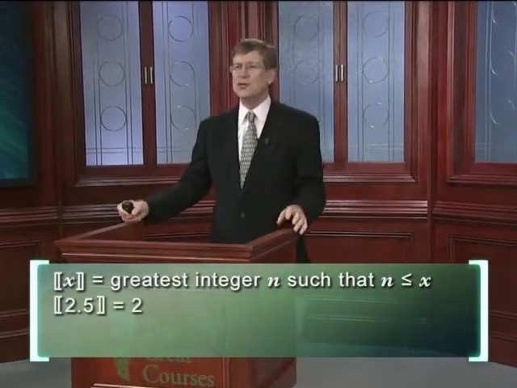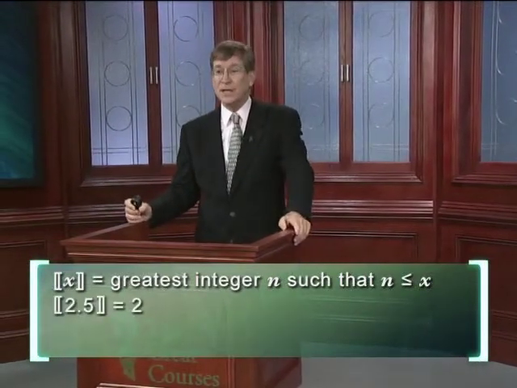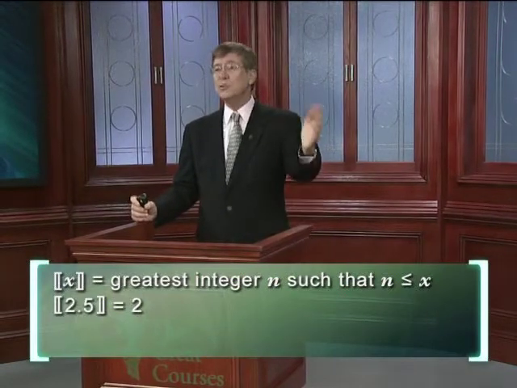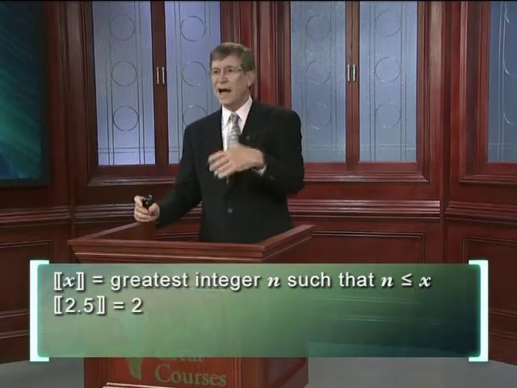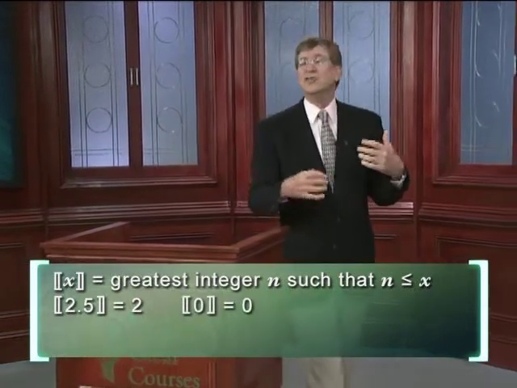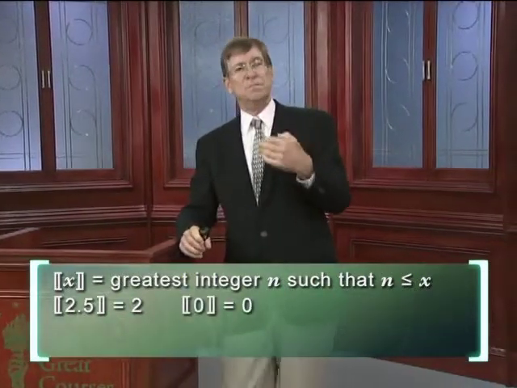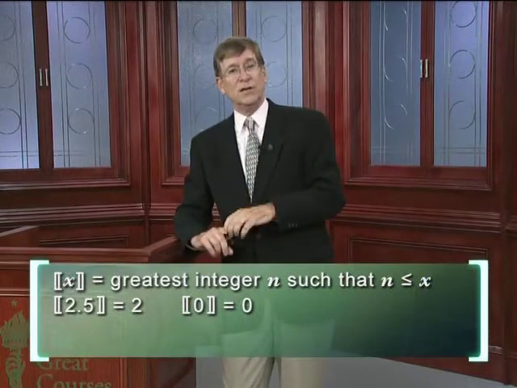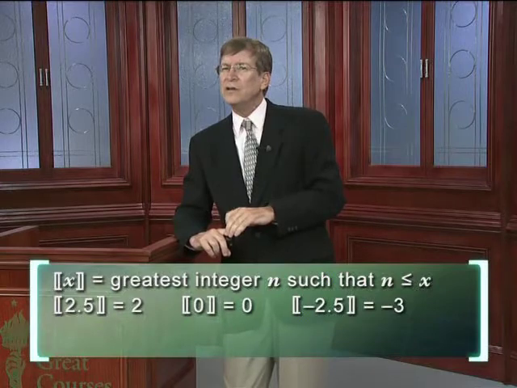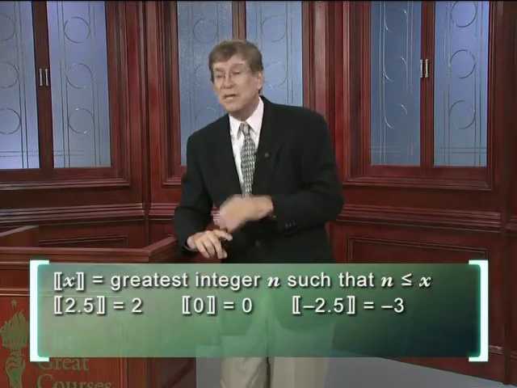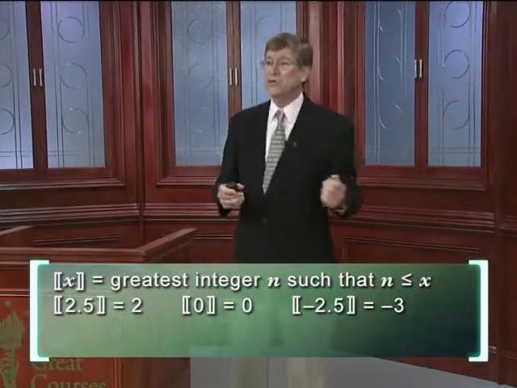The greatest integer of 2.5 is 2, because 2 is the biggest integer less than or equal to 2.5. How about the greatest integer of 0? Well, that would just be 0 because 0 is already an integer. How about minus 2.5? Well, the greatest integer would be minus 3 because you have to go below minus 2.5.